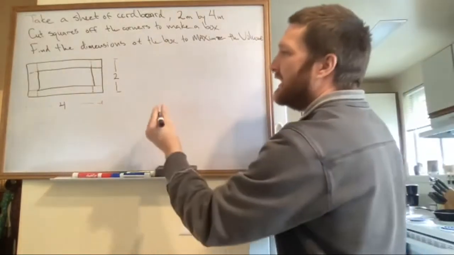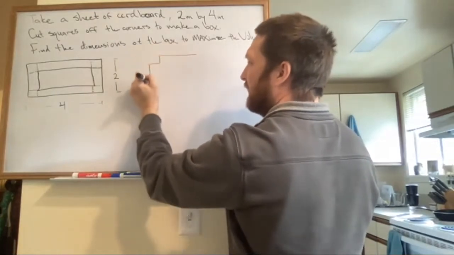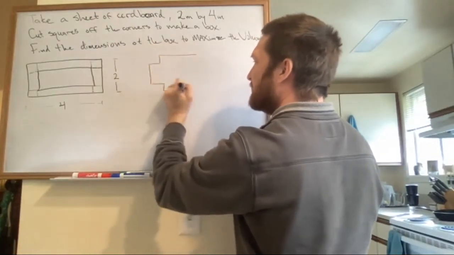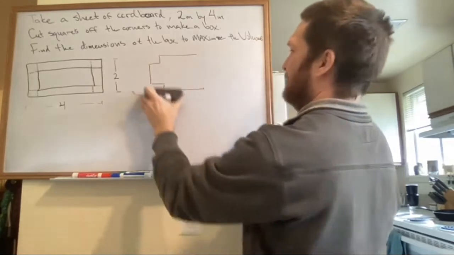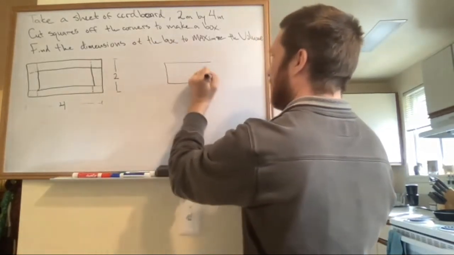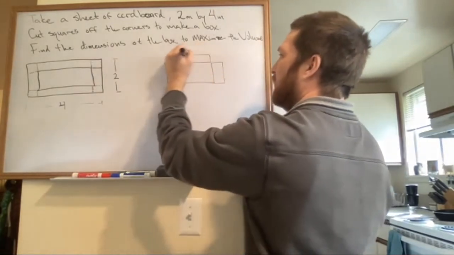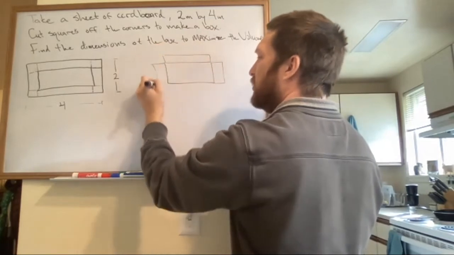Here I'm imagining this is what will be left over, something like this. Boy, that's just terrible. Let's just draw the square. That's what's going to be left right there. And then it's going to have these little flaps.